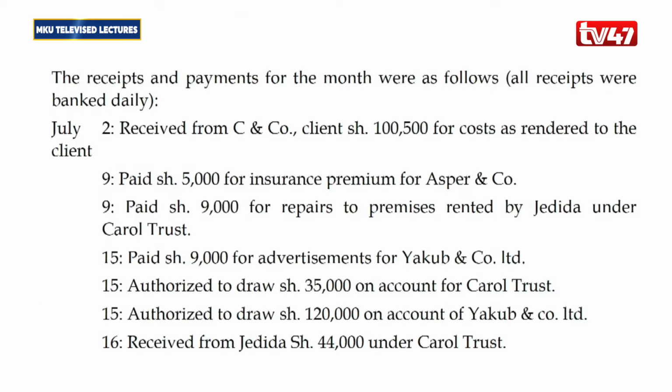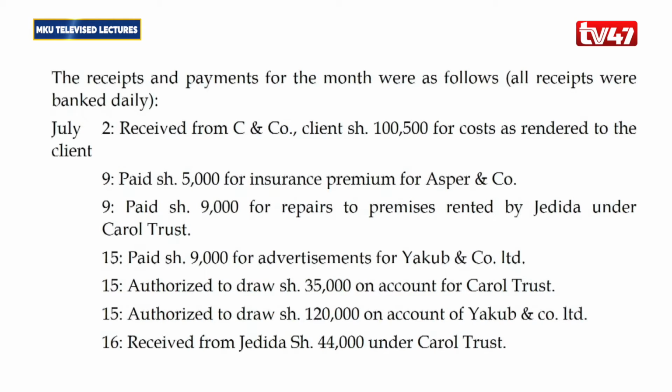Then we have these transactions which took place in the same month. The receipts and payments for the month were as follows, and these receipts were banked daily. On July 2nd, received from CNC, who is a client, 100,500 for costs rendered to the client. Then on the 9th, we paid 5,000 for insurance premium for Asper and Company.